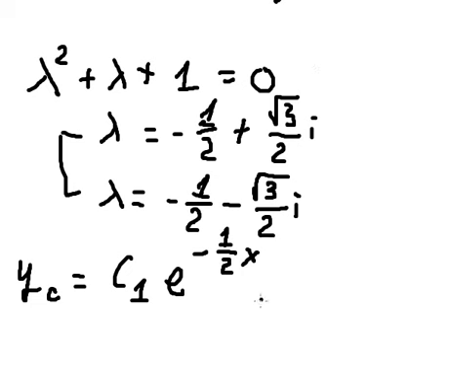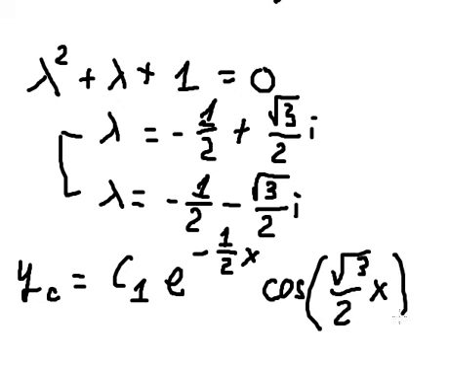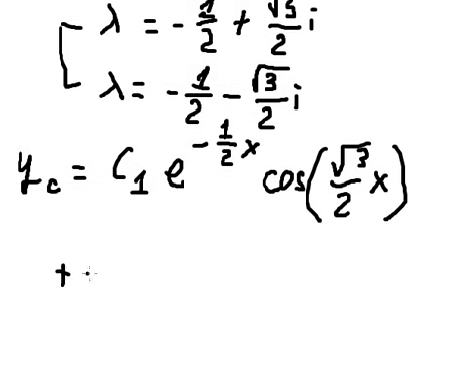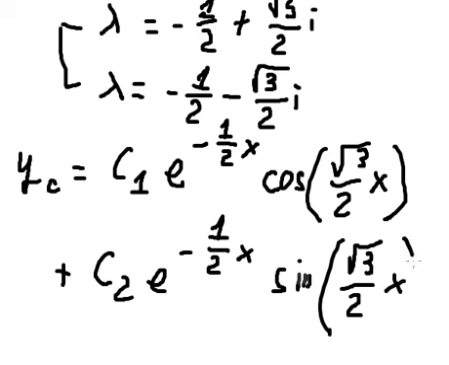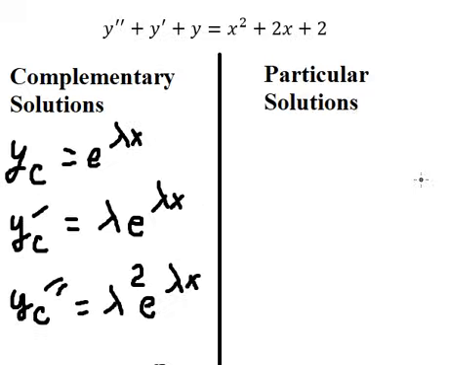So I will put cosine of the square root of 3 over 2 s, and then we have c2 e to the power of negative 1 over 2 s sine of the square root of 3 over 2 s. And this is the complementary solution.